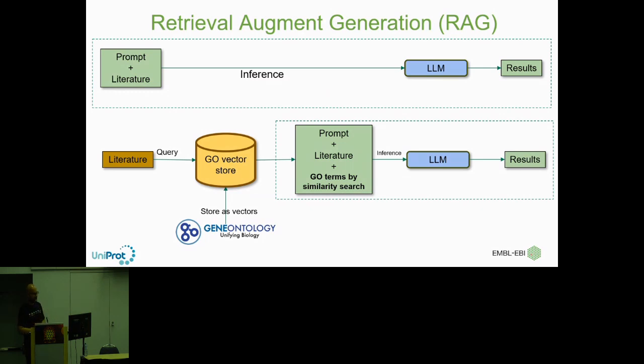Then we give the prompt, the sentences, and the fetched GO terms to the LLM. The reason is we want to use just the contextualization capability of the large language model, not the named entity recognition, because that is already handled by the vector store.